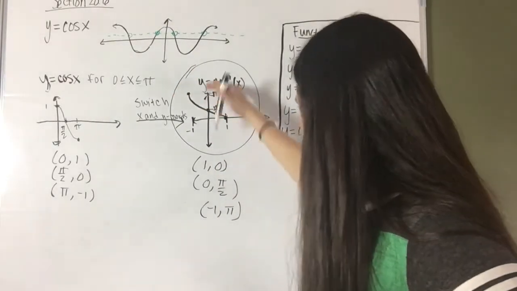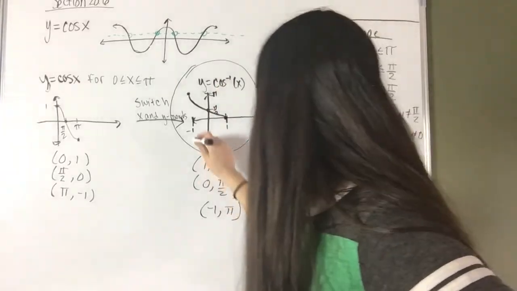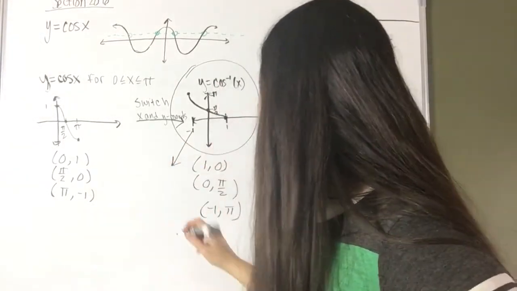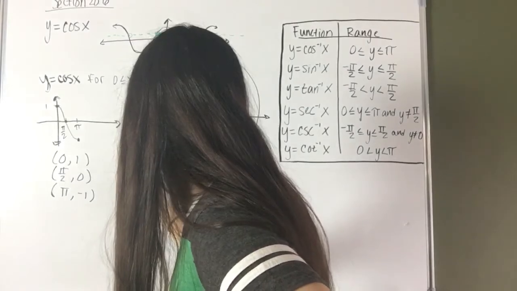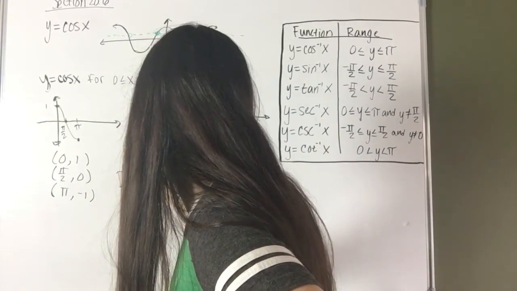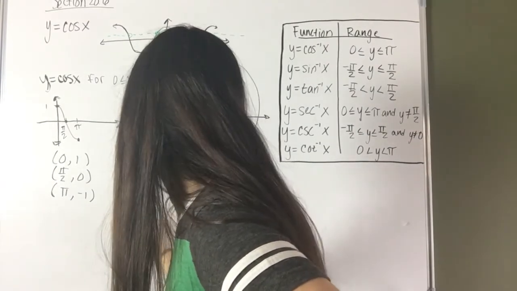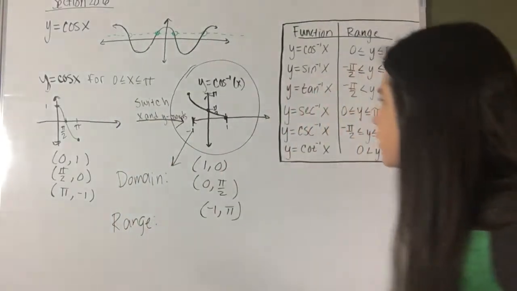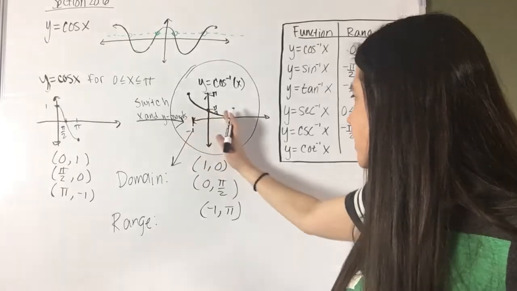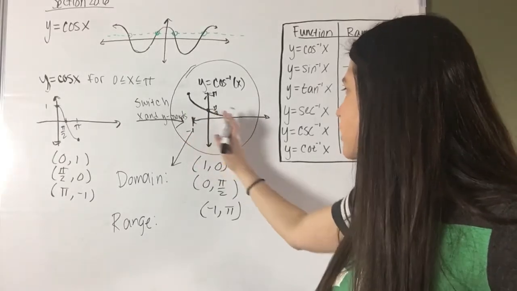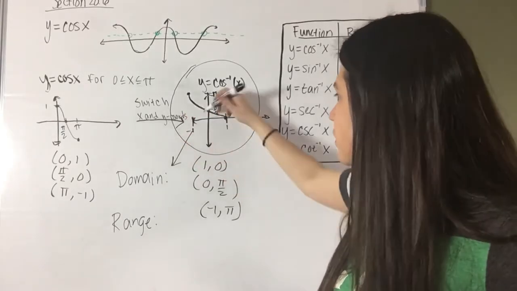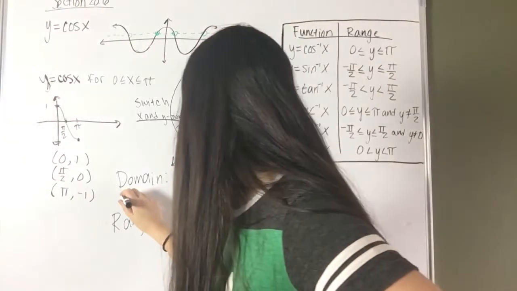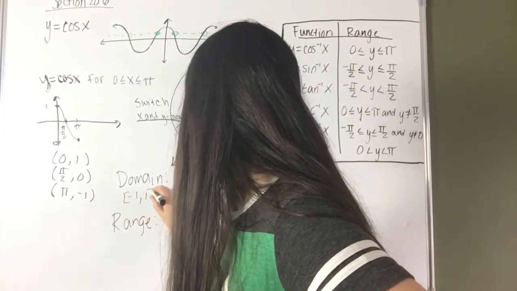Which means, look at this. What is the domain and what is the range for this graph? You can see the domain, right? The x values on the graph range go from -1 to 1.